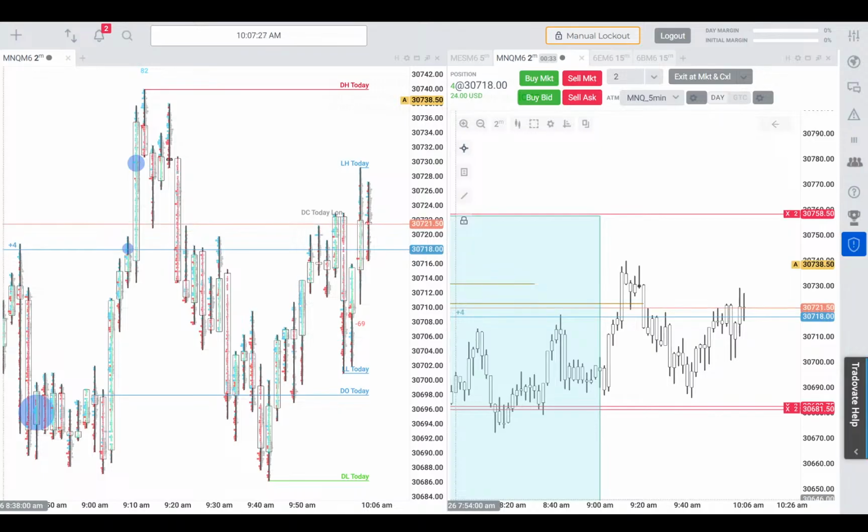Consolidation holding. A lot of consolidation. And I think this, 20 seconds to go. If we close right now like this, it means that we closed higher with no gap.